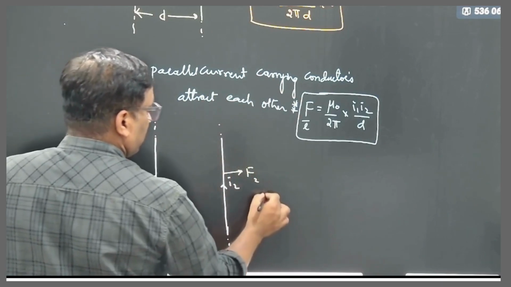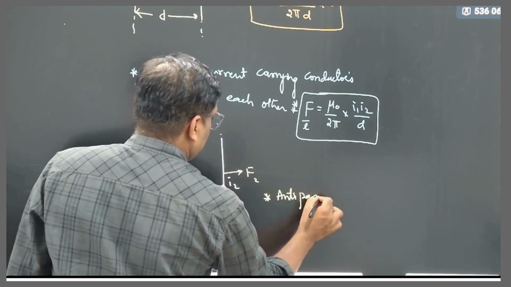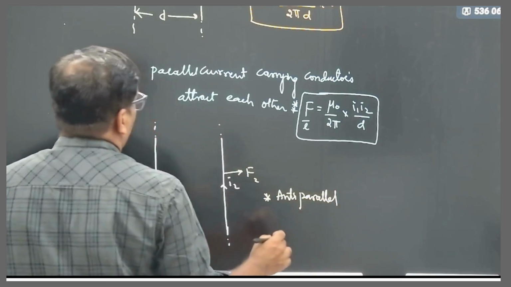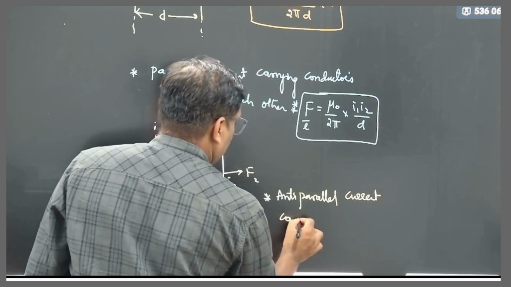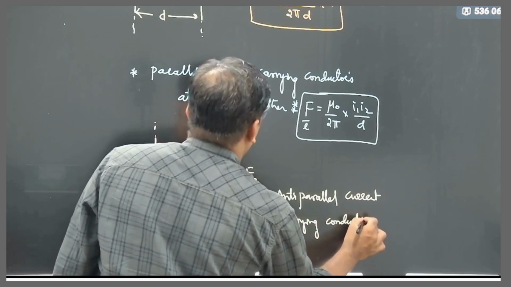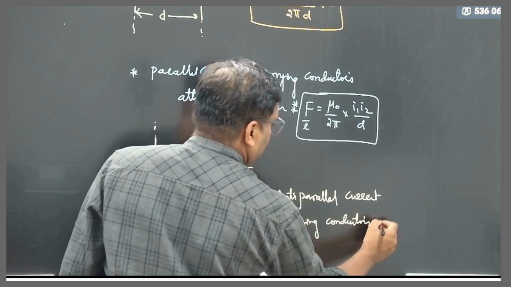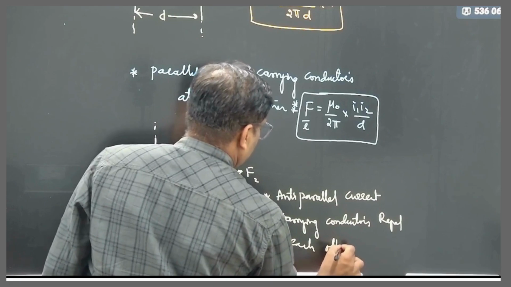Again the same. Therefore now you can rewrite it: anti-parallel current carrying conductors will repel each other. What is the force here now?